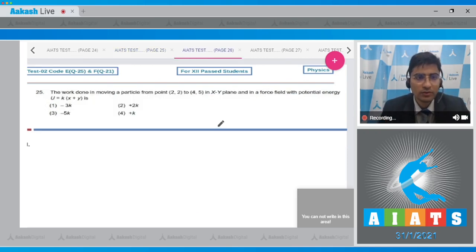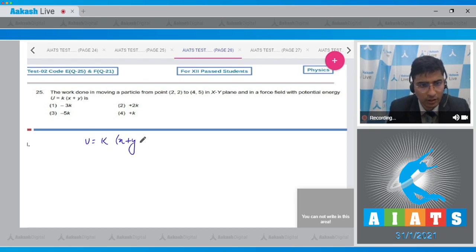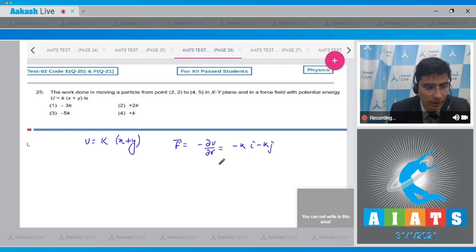Now let us move to question 25. Question 25 says the work done in moving a particle from (2, 2) to (4, 5) in the xy plane in a force field with potential energy U equal to kx plus y is. Now dear student, the force is equal to minus del U by del r. So this will be minus k i cap minus k j cap.